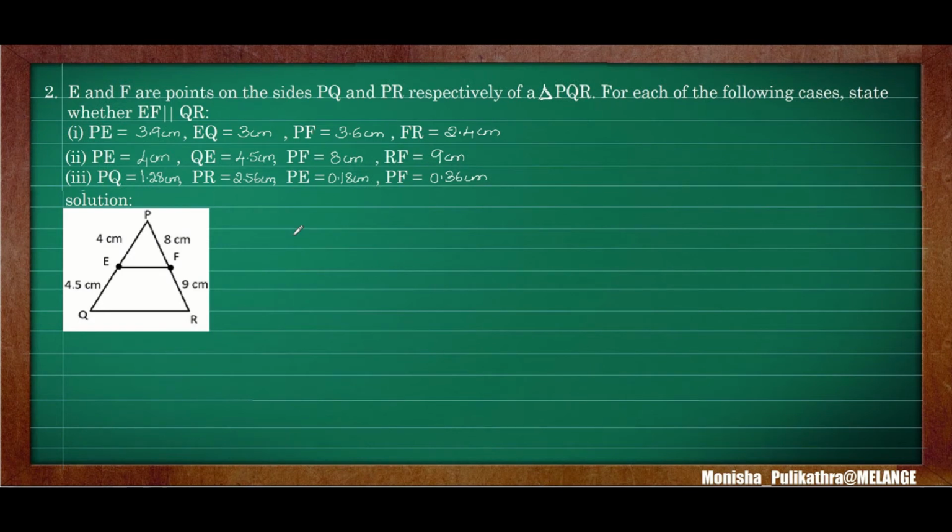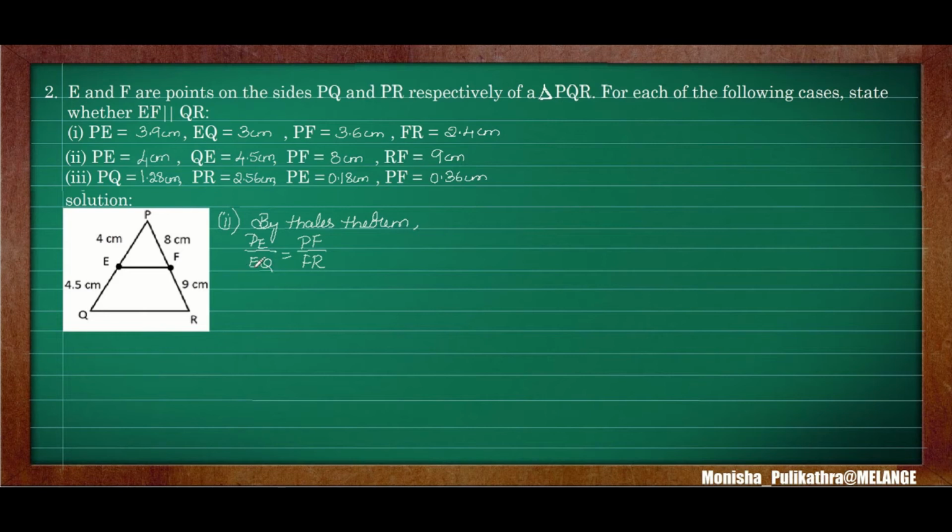Moving on to the second sub-question. PE is equal to 4 centimeters, EQ is equal to 4.5, PF is equal to 8 and FR is equal to 9 centimeters. Again by Thales theorem, PE by EQ is equal to PF by FR.